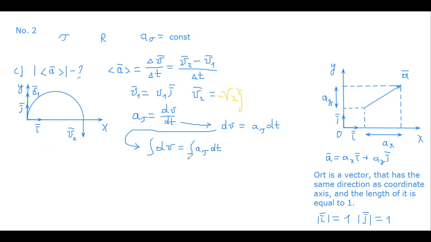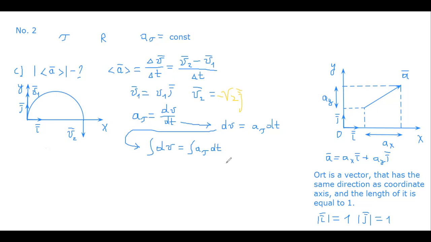For lower limits, we need to use initial condition. Initial condition means initial time and initial velocity. There is no initial time in the description, so we can define initial time as we want.